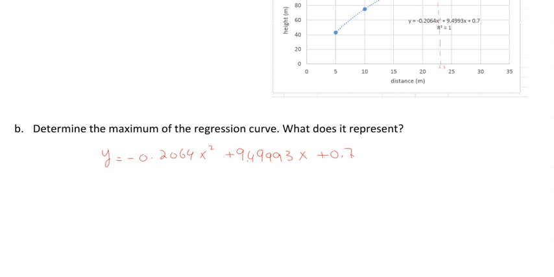So what I'm going to do is plug in 23 for x. And the answer should be, can you guys find the answer for me? It's about 110.